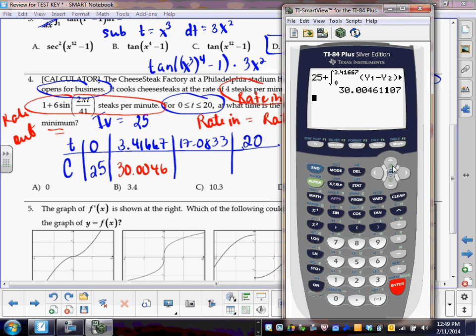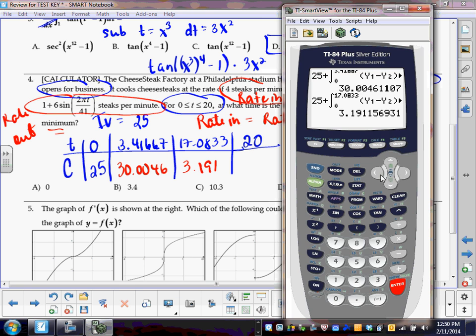I can then change that integral by going up and highlighting and then set enter. Go back to the beginning. Just to change, I still want the 25 and I still want to start at time 0. I'm going to clear this part and type in 17.0833. So 3.191.